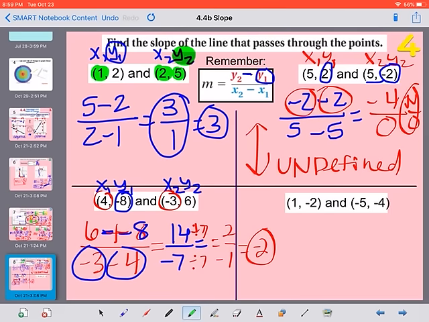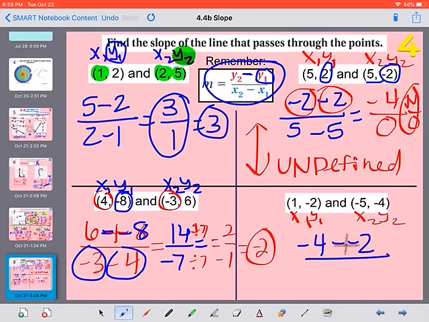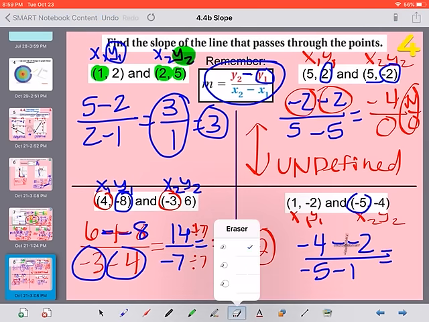All right, last one. Label your points. x, y, first point. x, y, second point. And then plug them into our equation. y2 minus y1. We have negative 4 minus, again, a negative 2. Two negatives there make a positive. And then on the bottom, x2 minus x1, negative 5 minus 1. So we really have here negative 4 plus 2.